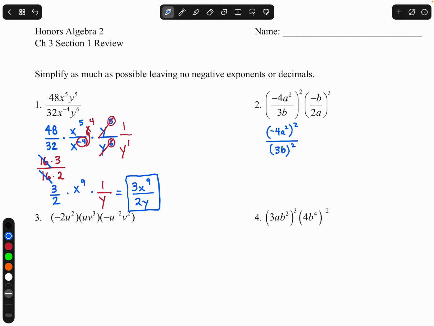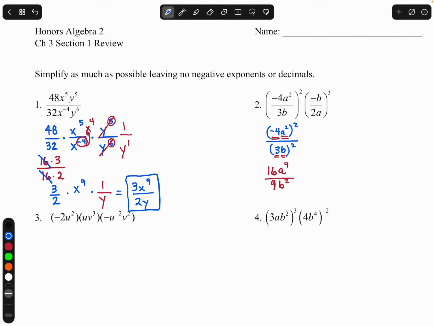If we square each of our terms, when I square negative 4, I get 16. And when I square a squared, I get a to the 4th. On the bottom, 3 squared is 9, and b squared is b squared.